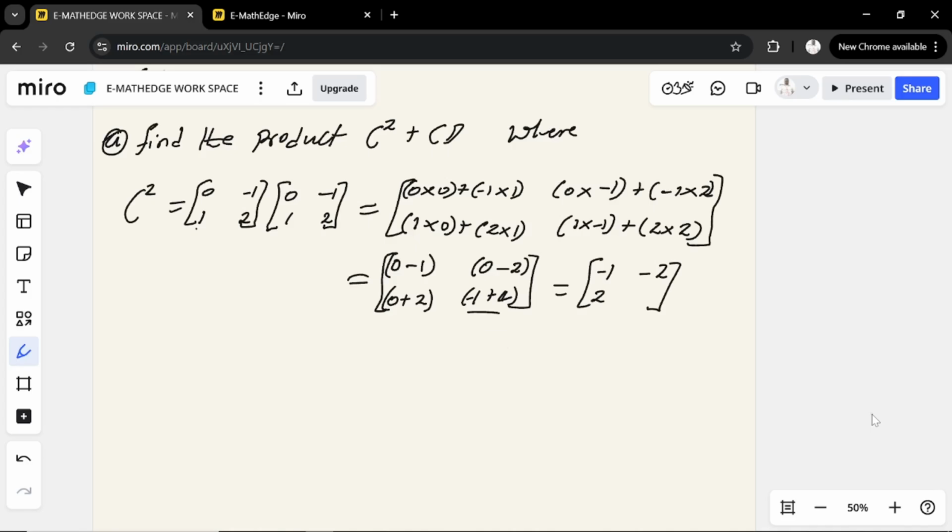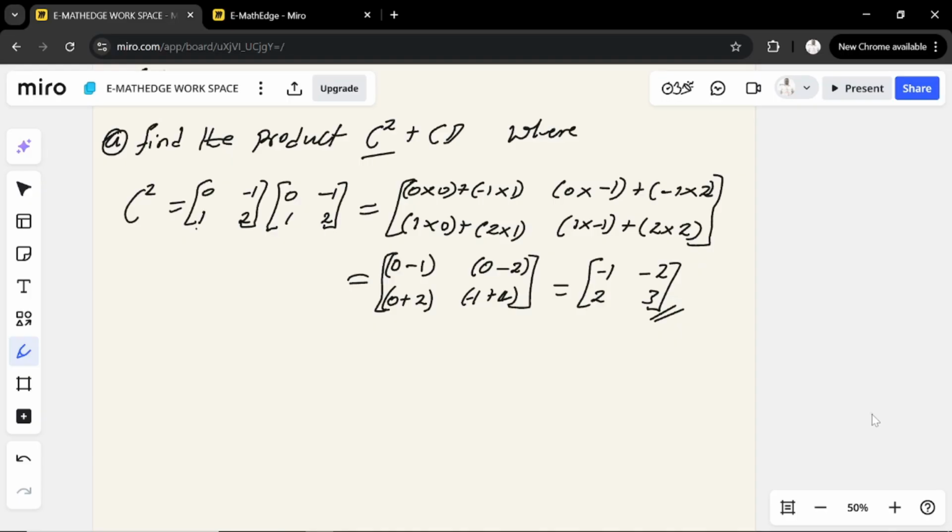And -1 plus 4 is going to give us 3. So this gives us the elements -1, -2, 2, and 3. Now we've successfully obtained the matrix C-square.